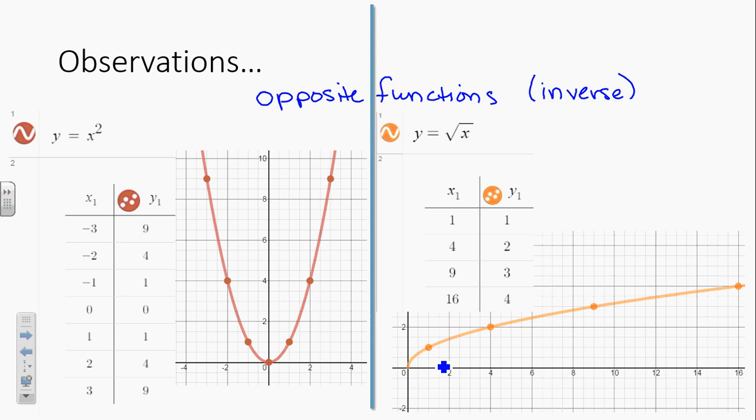You all did an amazing job on that. I had some numbers for x: -3, -2, -1, 0, 1, 2, and 3. And what did you do to generate this table on the right? Yeah, we squared the x. -3 squared is 9. -2 squared is 4. -1 squared is 1.